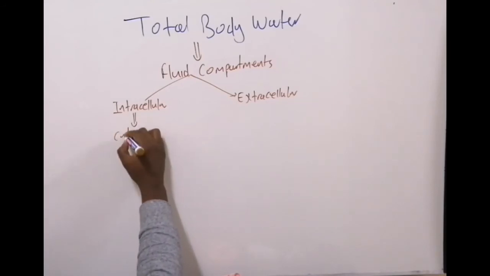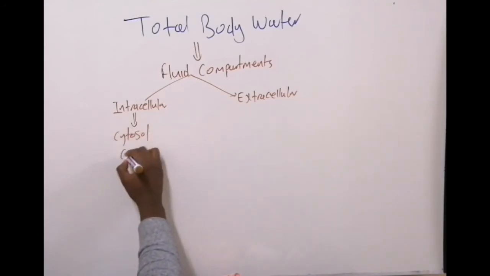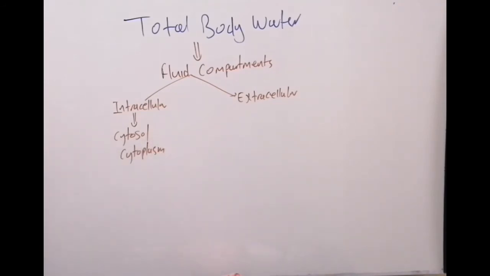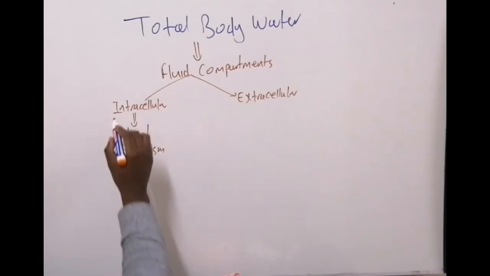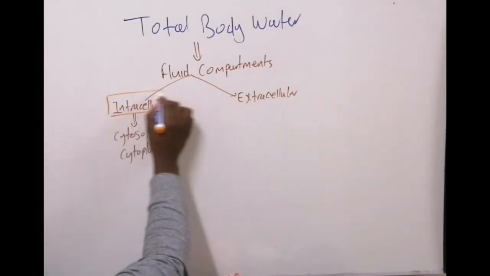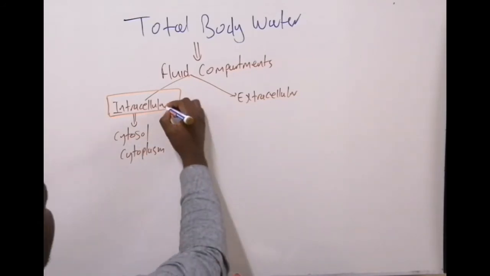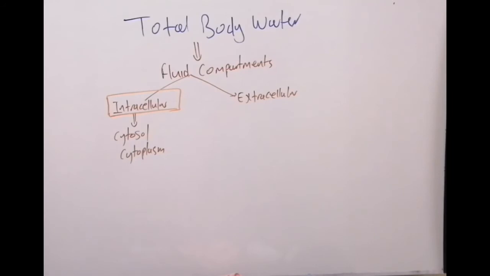Some people call it cytosol, some call it cytoplasm. That's the fluid that we find inside the cells. It's the fluid that gives cells their shape. We are going to talk about dehydration, and the difference between shock, dehydration, and that kind of thing. So that's your intracellular fluid.